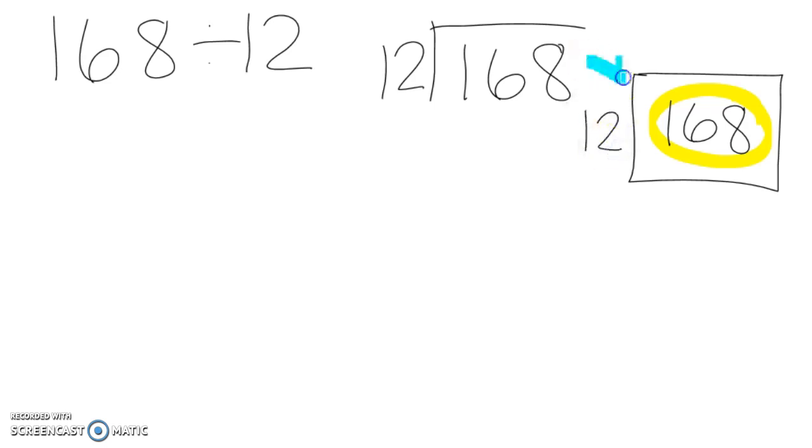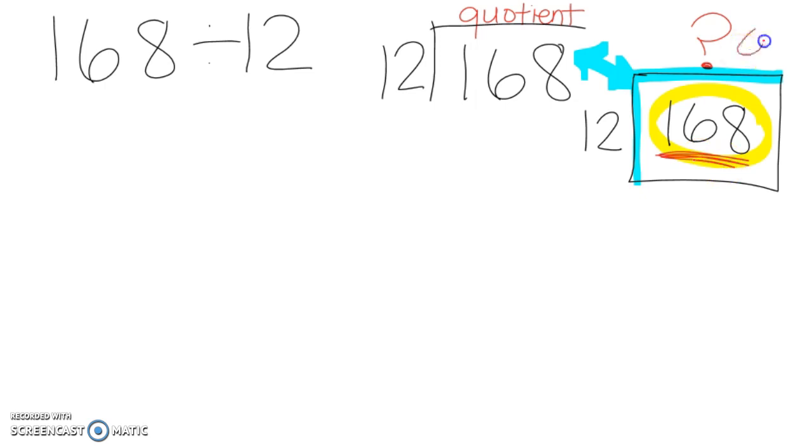Notice how similar these two pictures look. So what we're looking for is the length of this side, and that is known as the quotient. The unknown side of a rectangle, if we know the area, is known as the quotient.